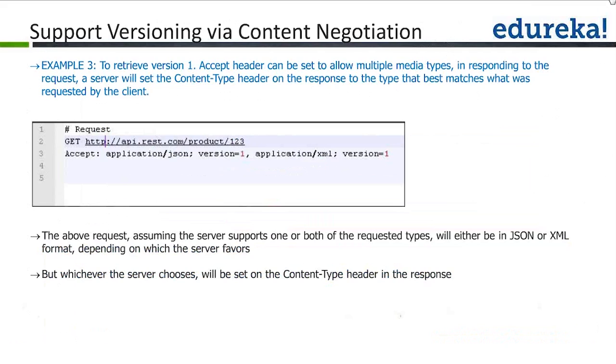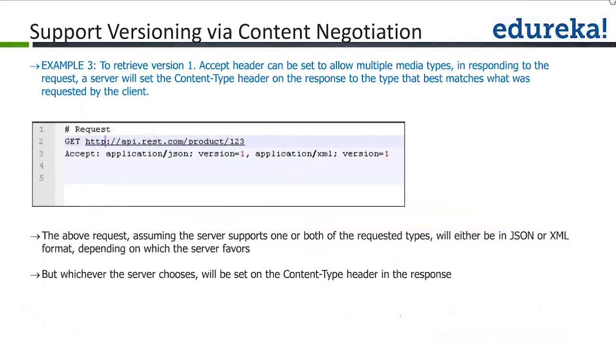So what will happen? Now this request will go to the provider. The provider will have some priority, some algorithm set that, okay, for this kind of request, what it should ideally send. The response from the server, if it favors application XML, would be XML. So it says if it favors.